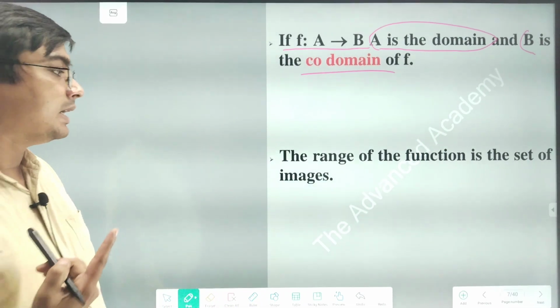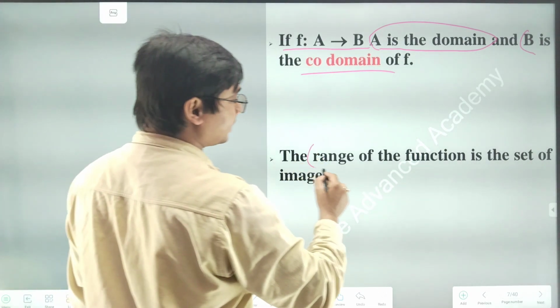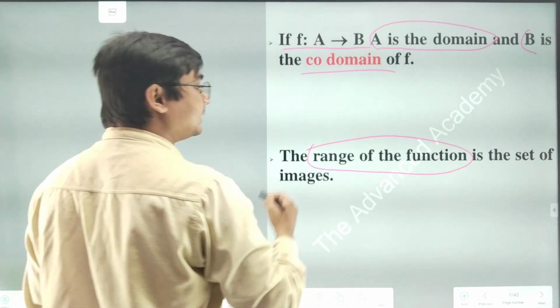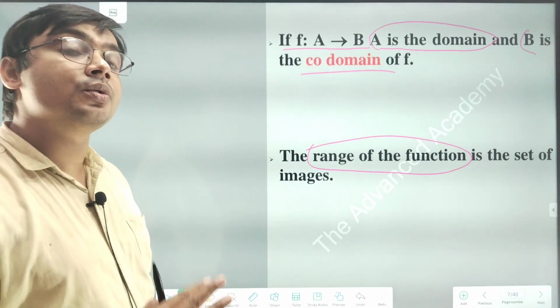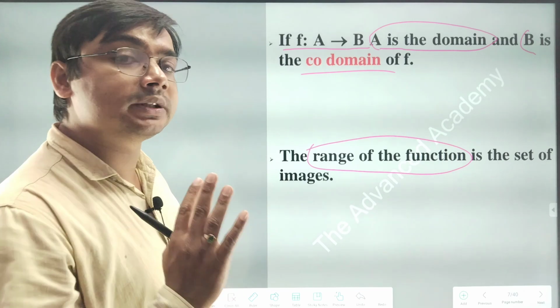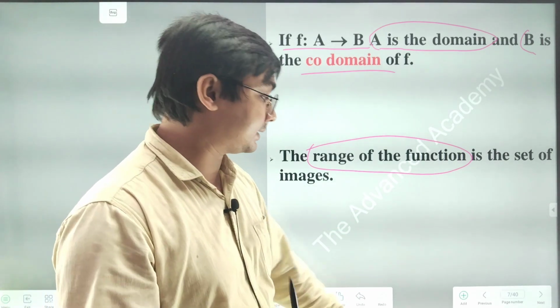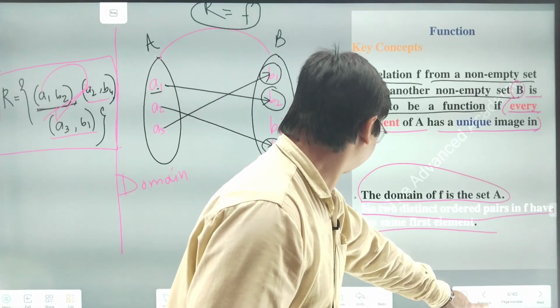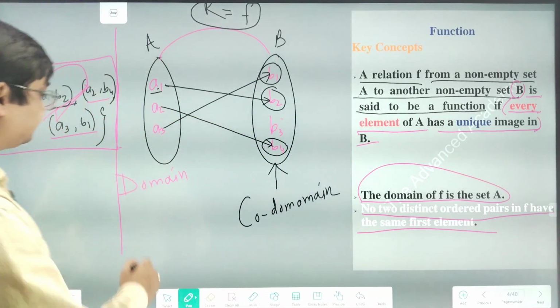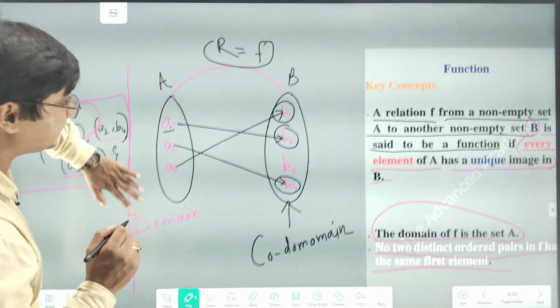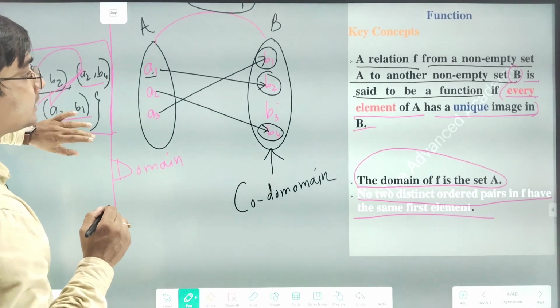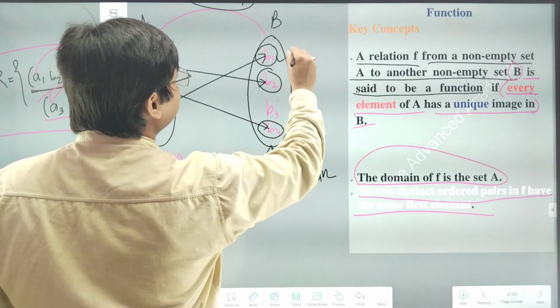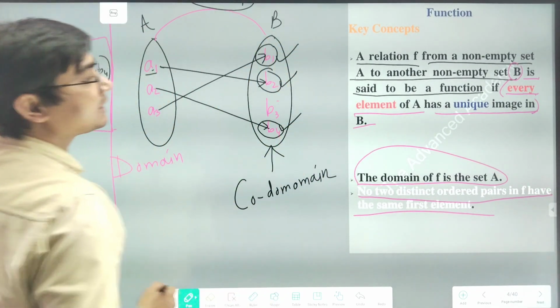Yes, and also you see here the range of a function, guys. Range of a function is nothing but the collection of all the images. Collection of all the images is called the range. So you see our previous first example here, which are the images, guys? These b1, b2 and b4 are the images.